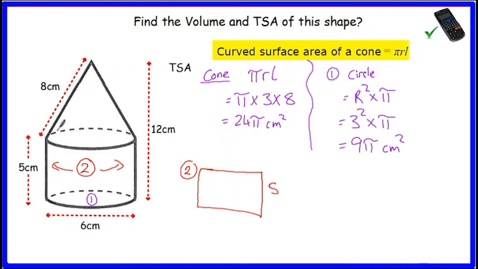And this distance is the circumference of the circle. So I need to call that diameter times pi, which in this question is 6 pi. So when I multiply them together, I get an area of 30 pi centimeters squared. So I'm going to add this with this. It's going to give me my total answer.